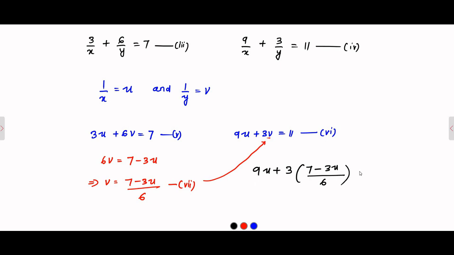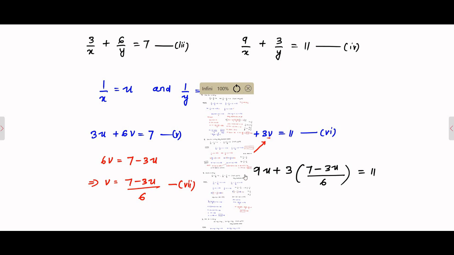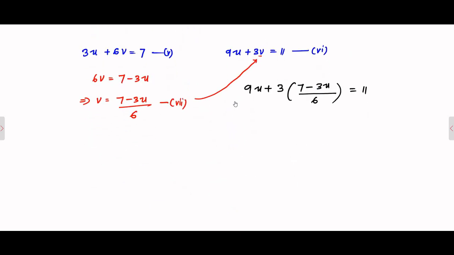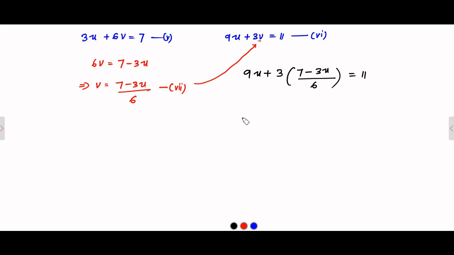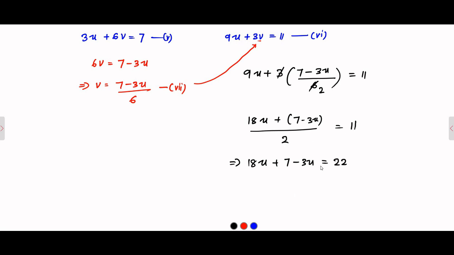So we get the value of u. 9u + 3v = 11, which implies, with 3 by 6 being 1 by 2, 9u + (7 - 3u) by 2 = 11. Multiplying by 2, 18u + 7 - 3u = 22. The 2 went to the RHS.